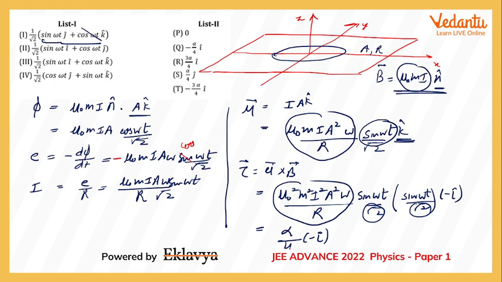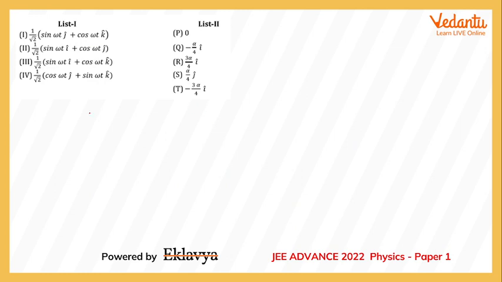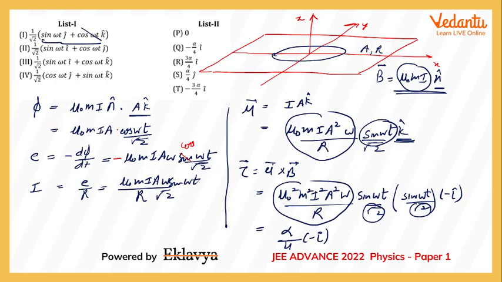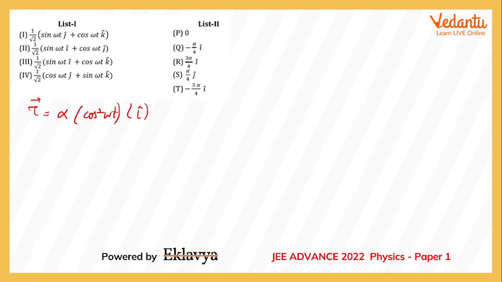And instead of alpha into sine square omega t, we are going to have alpha into cos square omega t, and this minus I cap will turn into plus I cap. So this is going to be the torque vector in the fourth case. So it's going to be alpha into 3 by 4 into minus I cap.